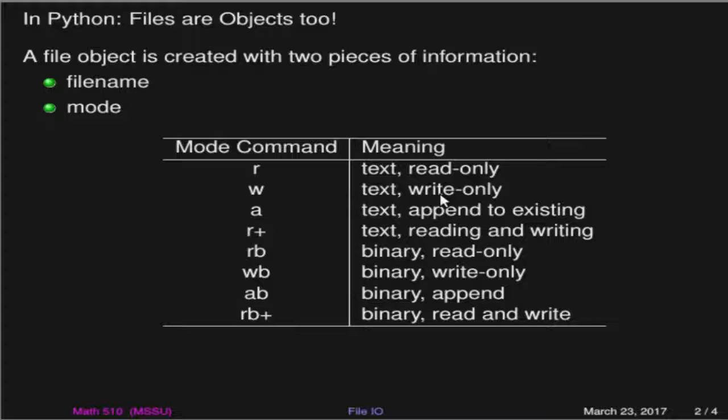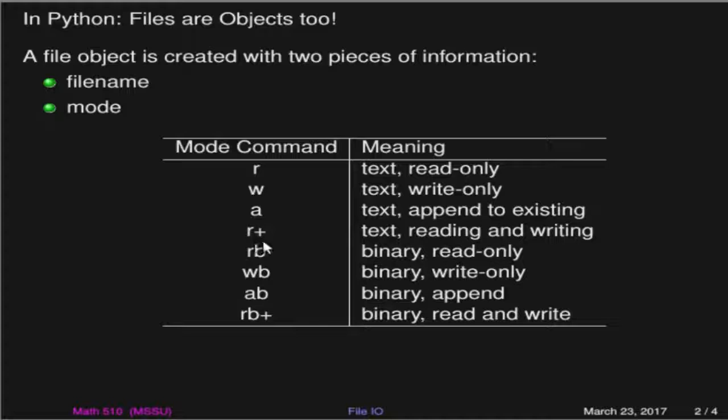And so if we want to preserve the information that's already there in the file, then we would want to open it in append mode. Append mode is still doing it as a text file, but now we're just appending whatever new we're writing to the end of the existing file.